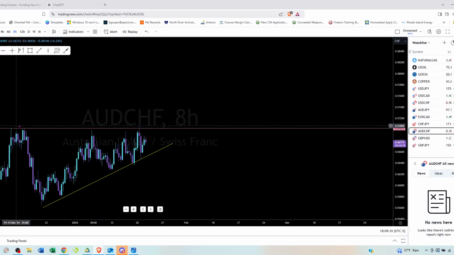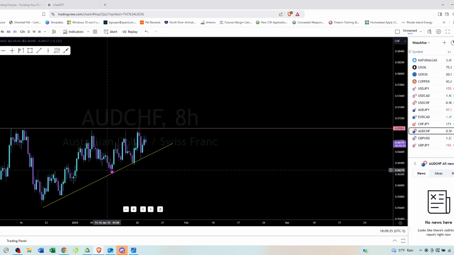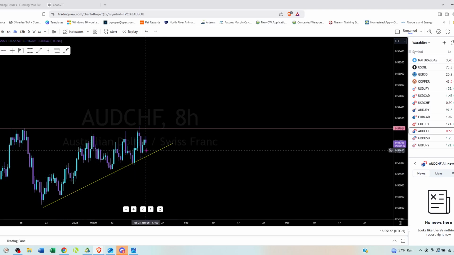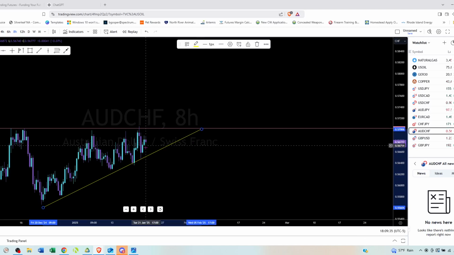Right now we've got multiple touches across this area, across this pink line, kind of equal highs, which can be a retail trap where you can get price to wick through here, kind of like a fake out, and then turn and go lower. But we do have this upward sloping trend line. So we're kind of coming into a merging here of the trend line and this overhead resistance. So the range is getting narrower and narrower.